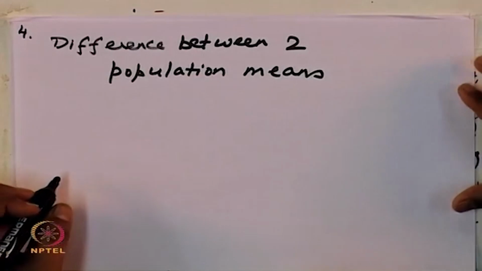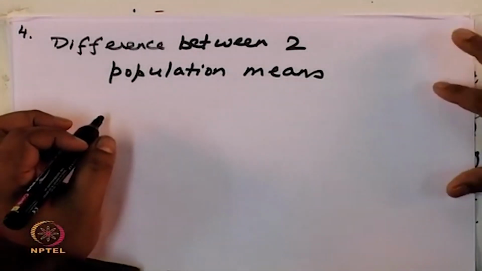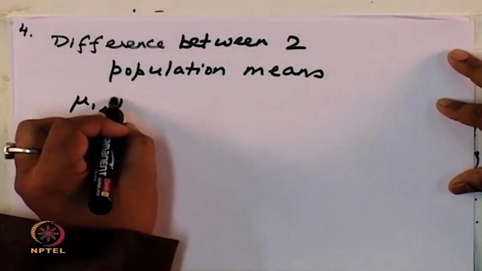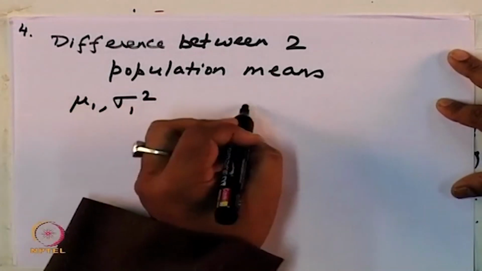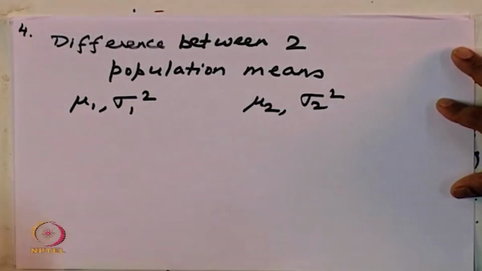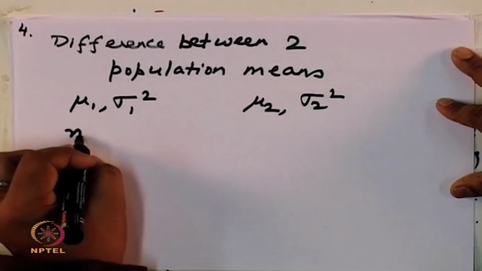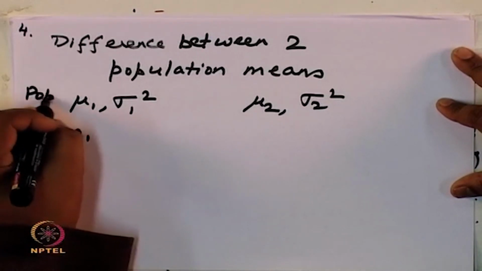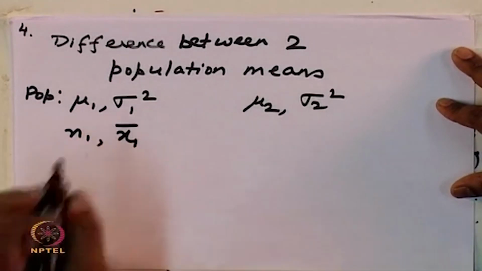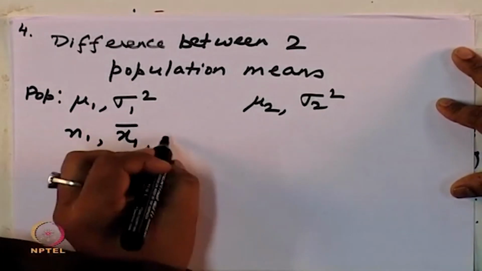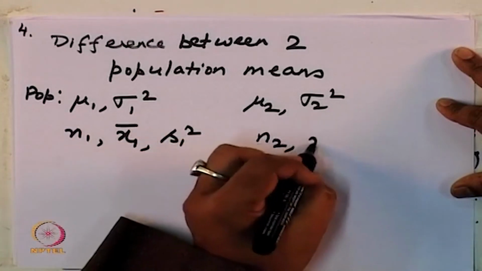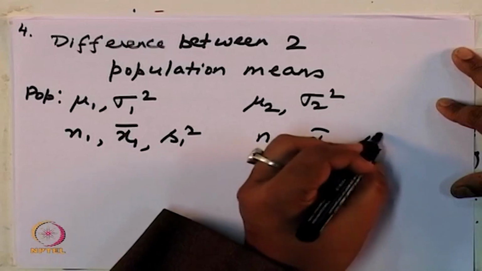What we said was, if you have two populations with a mean of mu1 and variance of sigma 1 square, and another with a mean of mu 2 and variance of sigma 2 square, and you draw a sample of size n1, you get a mean of x1 bar and a variance of s1 square; similarly n2, x2 bar, s2 square.